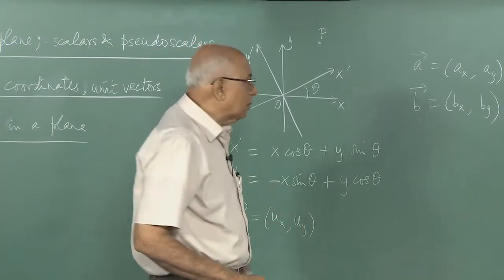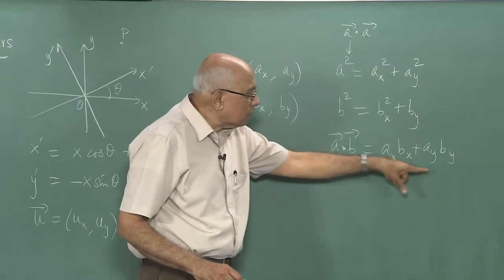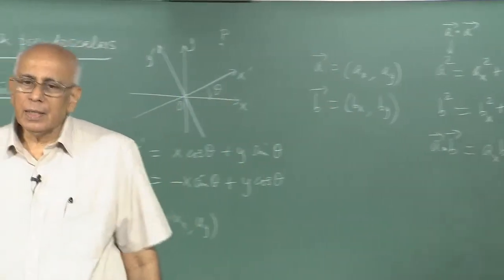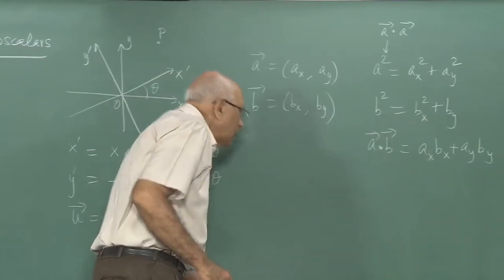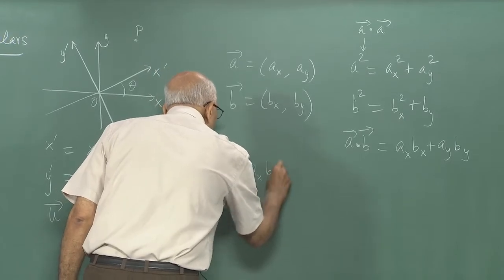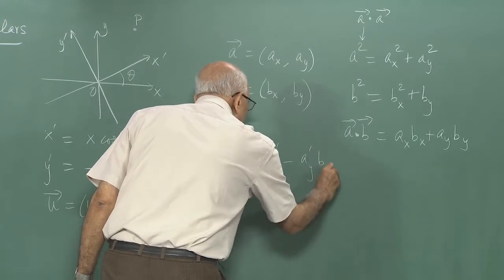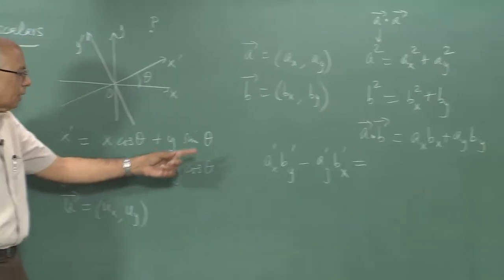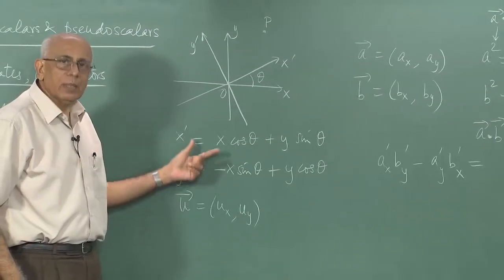I also pointed out that interestingly, if you consider the combination ax by minus ay bx, that too appears to be a scalar, and this needs a little bit of working out, and it is not a very hard thing to do. So let me do that and show you how this happens. So if you looked at ax prime by prime minus ay prime bx prime, substitute for ax and bx and ay and by formulas similar to this.